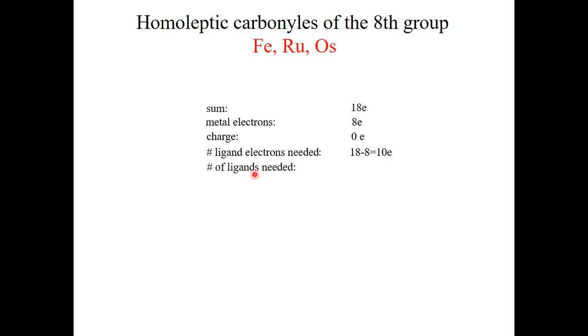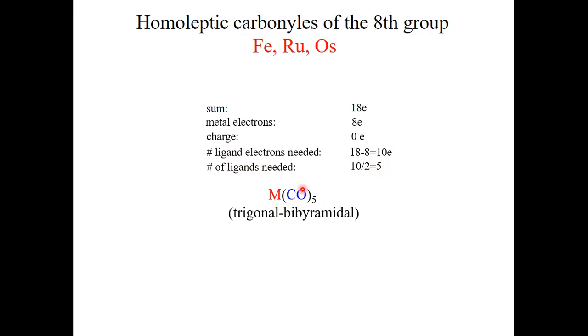Assuming that our carbon ligand is again a 2-electron donor, the number of carbonyl ligands is just 10 over 2, which is equal to 5. Therefore, we would expect pentacarbonyls for these metals. And indeed, iron, ruthenium, and osmium form neutral pentacarbonyls.